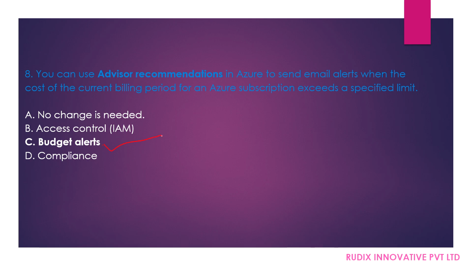With budget alerts, we can set thresholds for your Azure subscription spending and receive notification through email when the actual spending exceeds the specified limit. This feature helps you stay within your budget and avoid unexpected charges. Therefore, option C, budget alerts, is an appropriate choice for managing cost-related alerts in Azure.